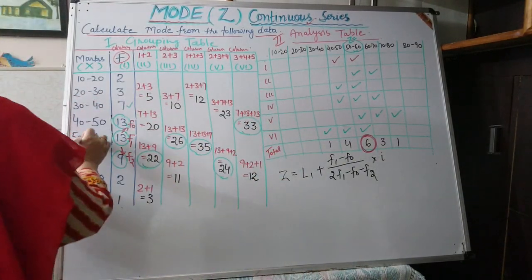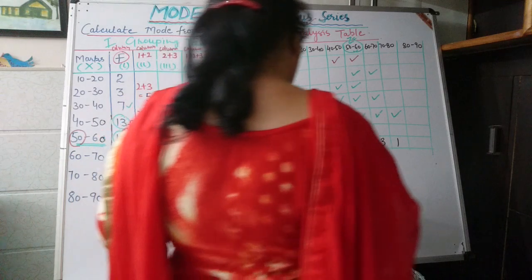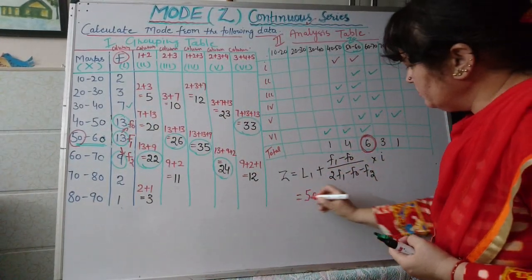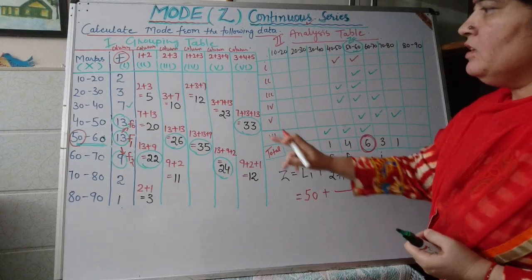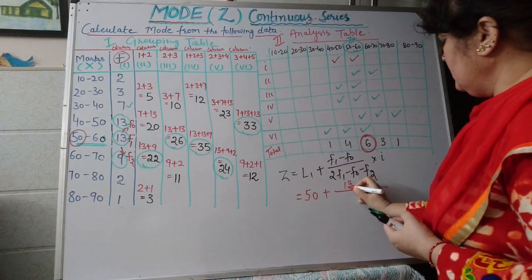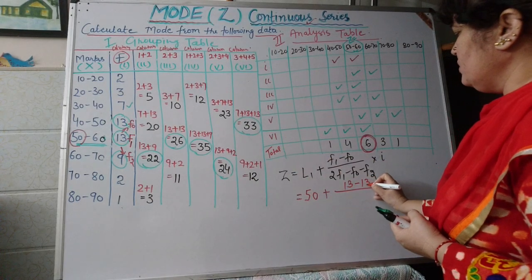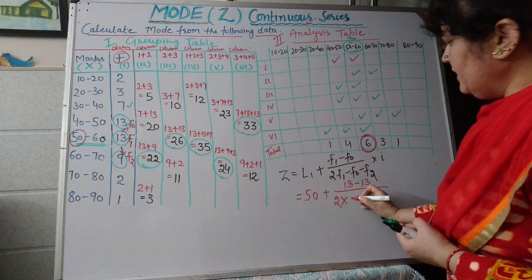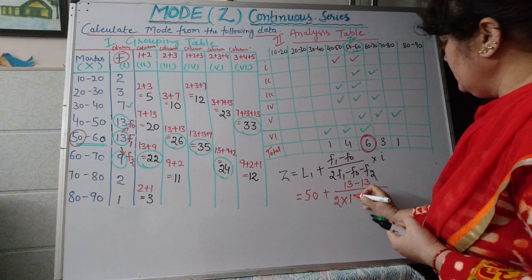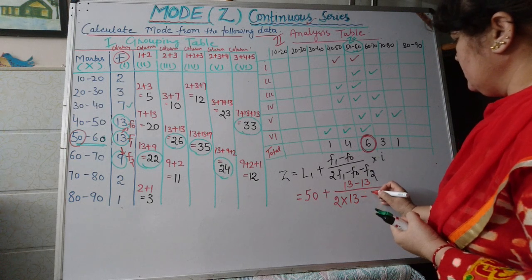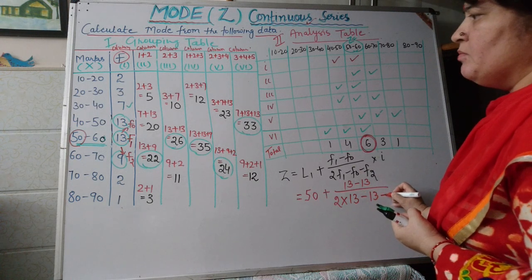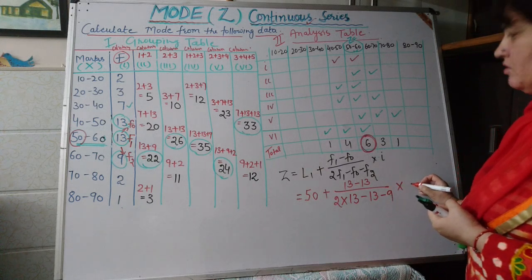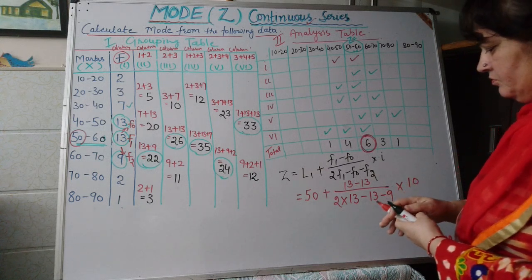Here the lower limit is 50, so Z is equal to 50 plus F1, which is 13, minus F0, which is also 13, divided by 2 multiplied by F1 which is 13, minus F0 which is also 13, minus F2 which is 9, multiplied by the class interval which is 10.